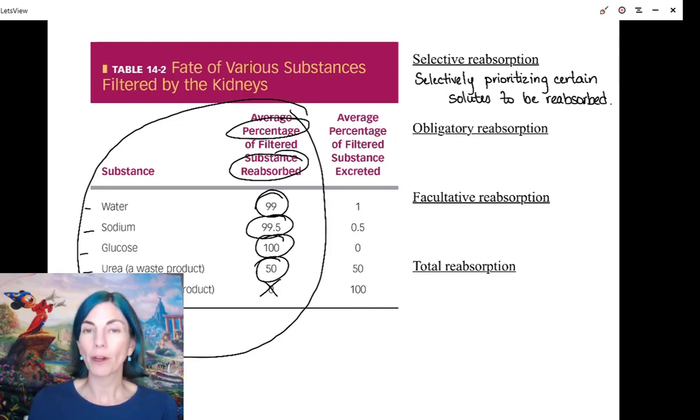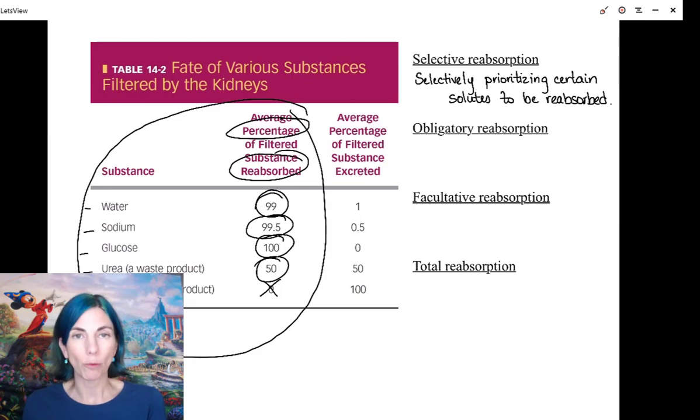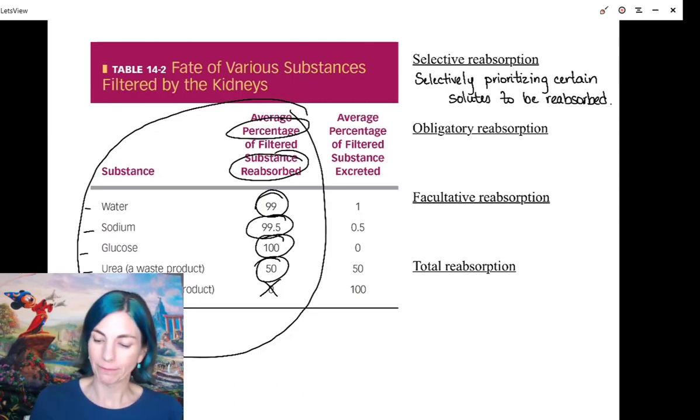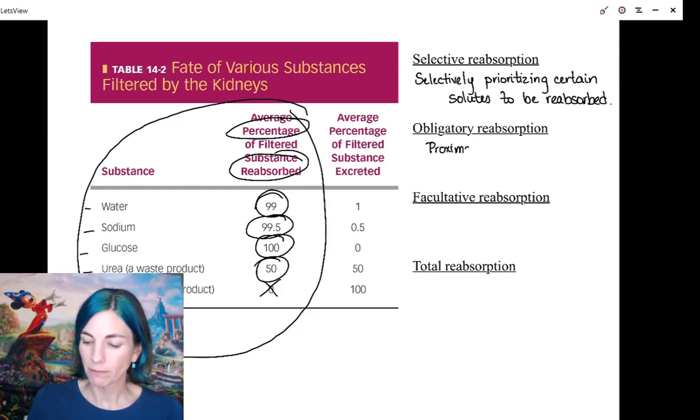So obligatory reabsorption, you are obligated to reabsorb it this way, all the time, happens in the proximal tubule and the loop of Henle. We can think of this as autopilot reabsorption. We don't change it.